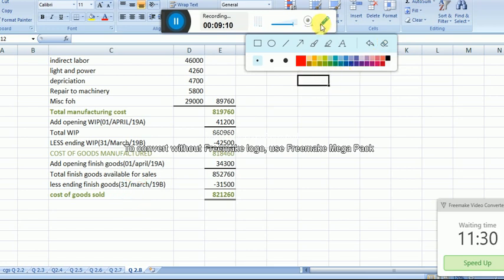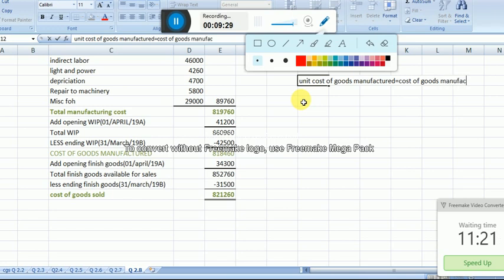Unit cost of goods manufactured is equal to cost of goods manufactured divided by units produced.